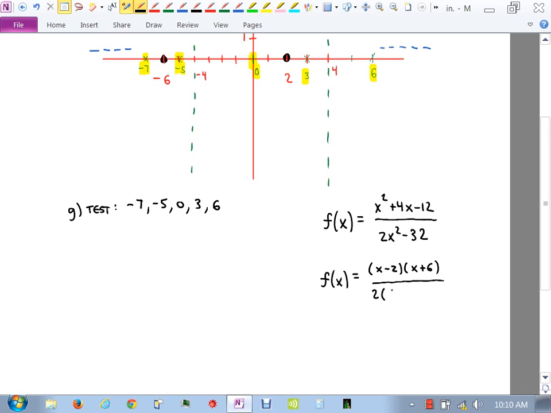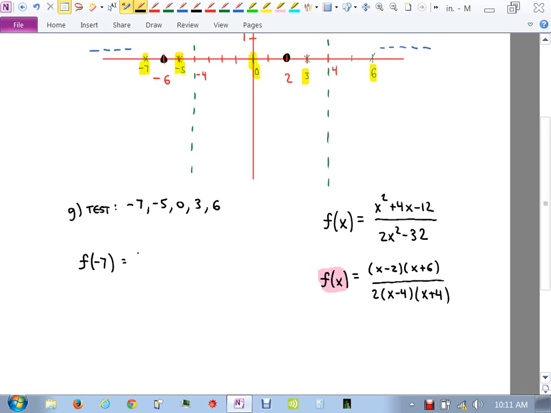2(x minus 4)(x plus 4). Now let me show you how this will work. I like to plug into the second one. I find it goes a little quicker. So here we go. Let me try -7.